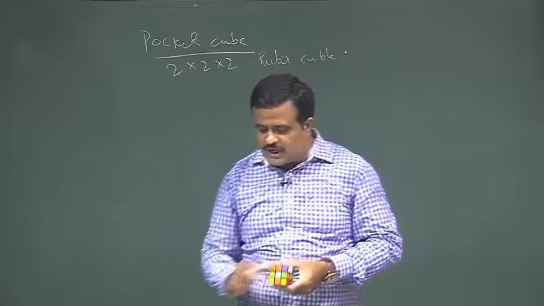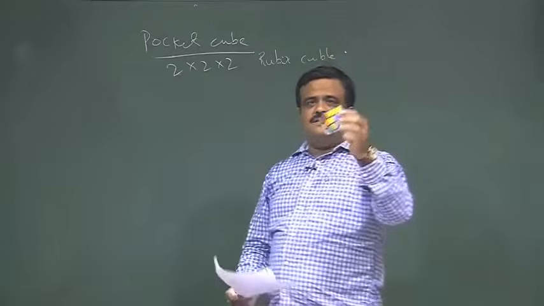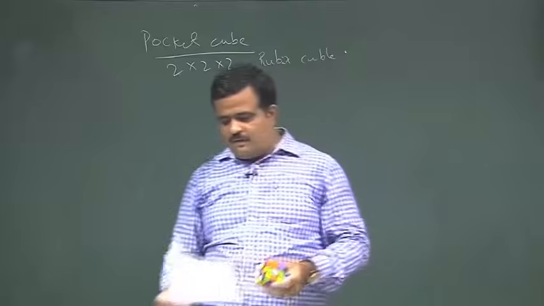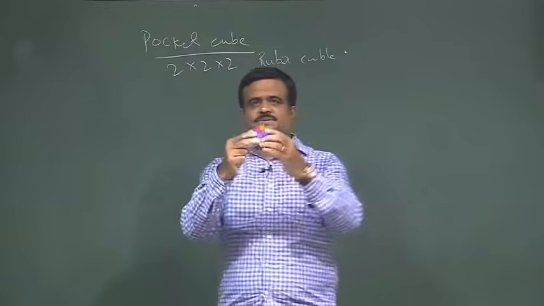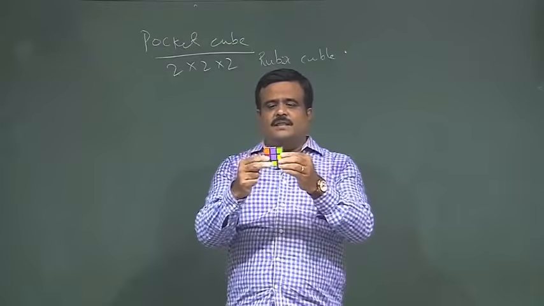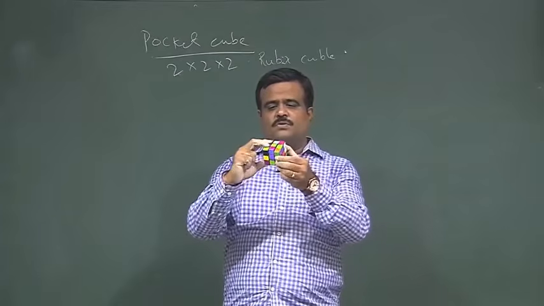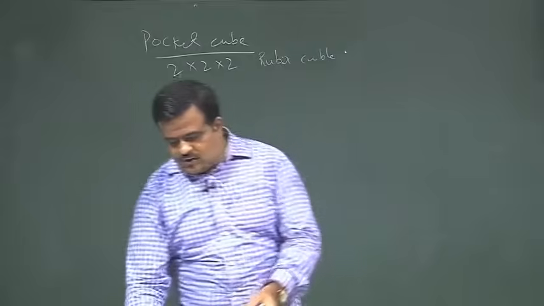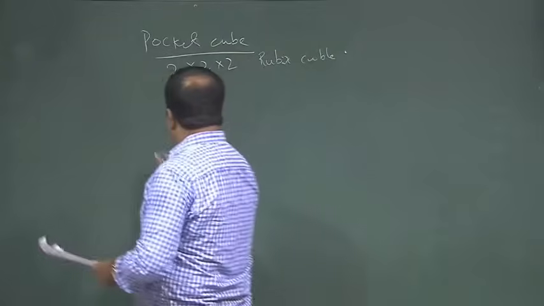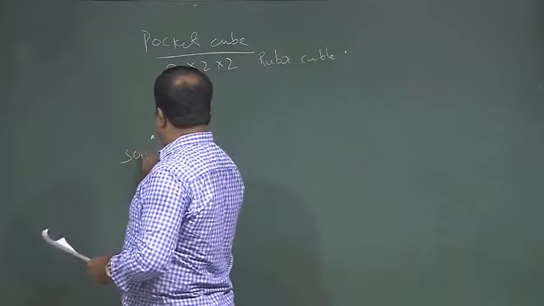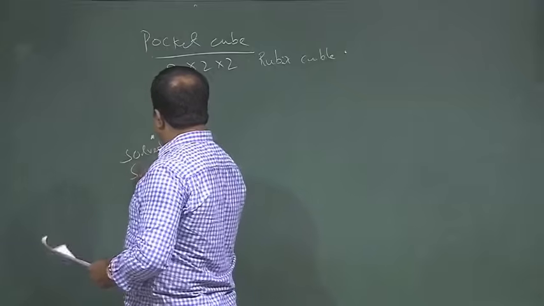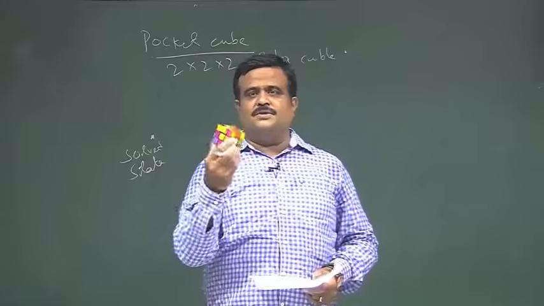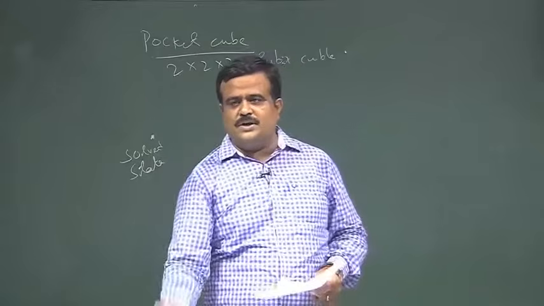So each position, each state, is a vertex of a graph, and suppose we are in the solved state. Solved state means all the colors are matched.